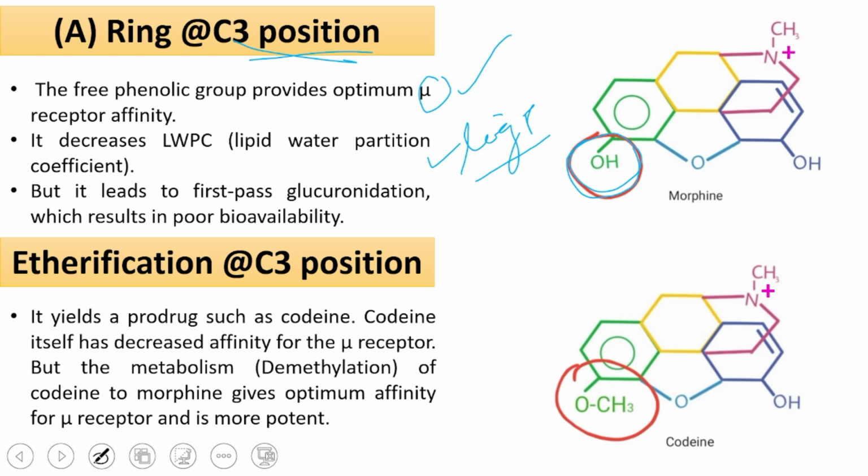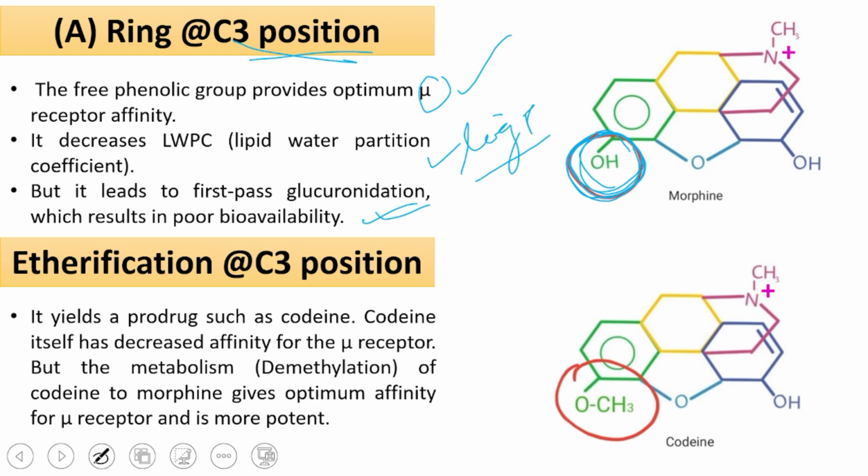but it leads to first-pass glucuronidation, which results in poor bioavailability. So you can see the importance of this hydroxy group for activating the mu receptors. Second is etherification at the C3 position.